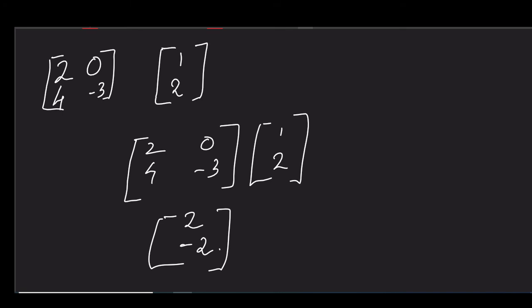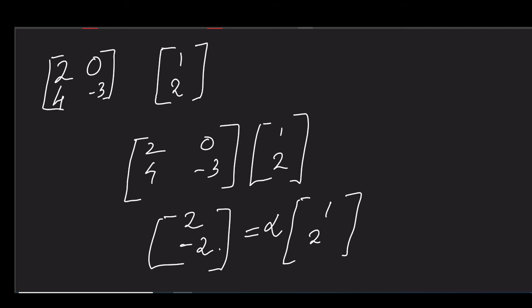You can visualize this 2 minus 2 as the output of a function that takes the argument 1 2 and produces 2 minus 2.